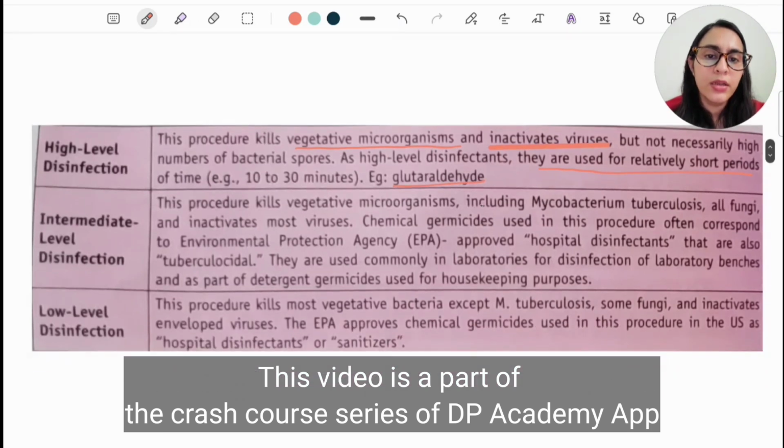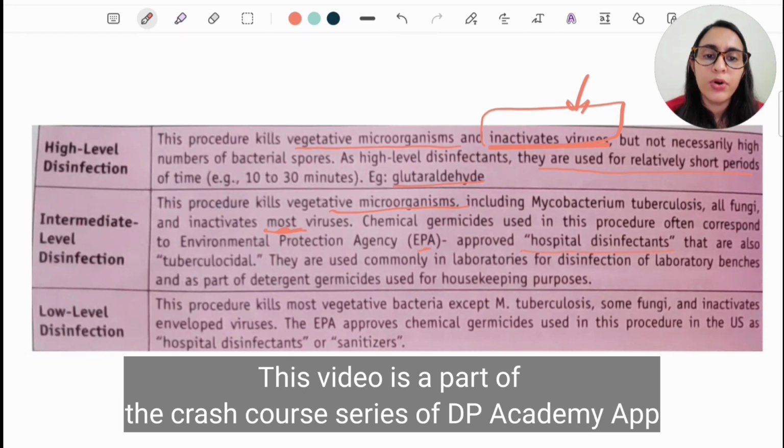The intermediate level kills the vegetative microorganisms, including TB and fungi, and inactivates most of the viruses. Most, not all the viruses. Here in high level, we have inactivation of the viruses. Here, most of the viruses. The chemical germicides used in this procedure often correspond to those approved by the Environmental Protection Agency as hospital disinfectants.